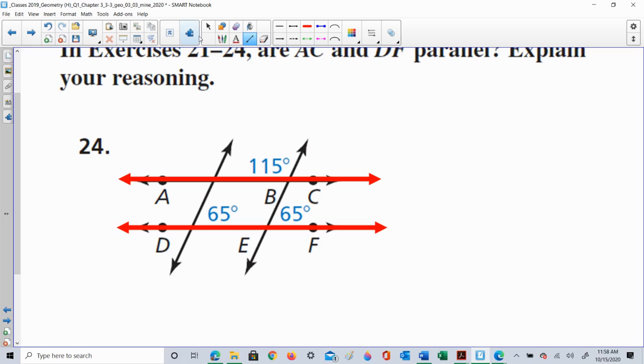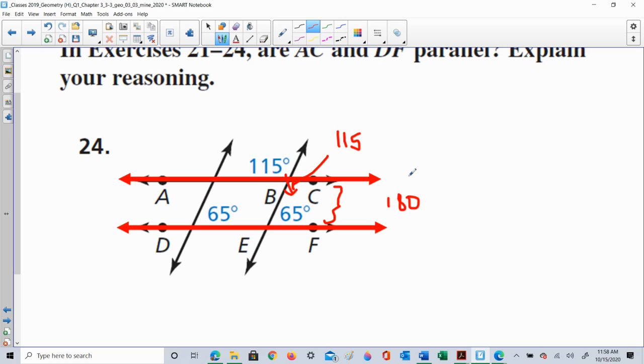This is a vertical angle in here, or corresponding, but we don't know anything else about them. So we're going to have to use that vertical angle right here. That angle there also has to be 115. That's the vertical angle theorem. But if that's 115, if these were parallel, then these two angles would be supplementary. 115 plus 65 is equal to 180. So yes, these are parallel.